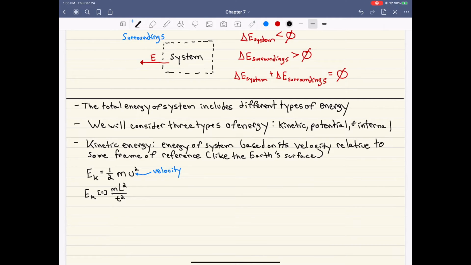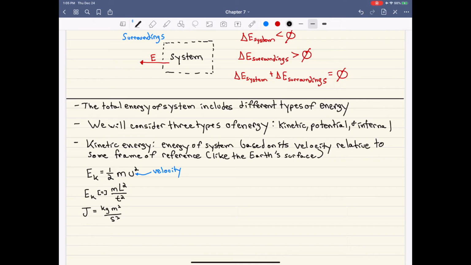So for example, in the SI units, one unit that describes energy is a joule, right? Which is equal to a kilogram times meter squared over second squared. Okay? So mass, length squared over time squared. All right, so a kinetic energy term in a closed system should give you units of joules if you're working in SI. All right? And so this is for a closed system.